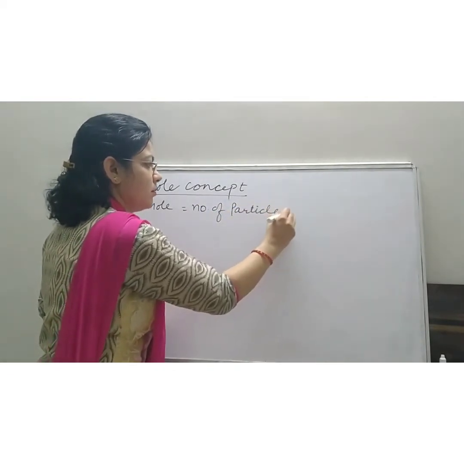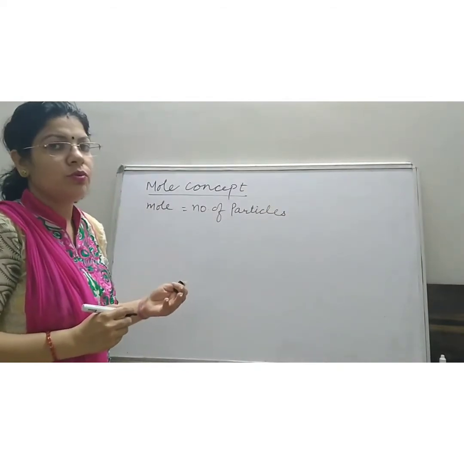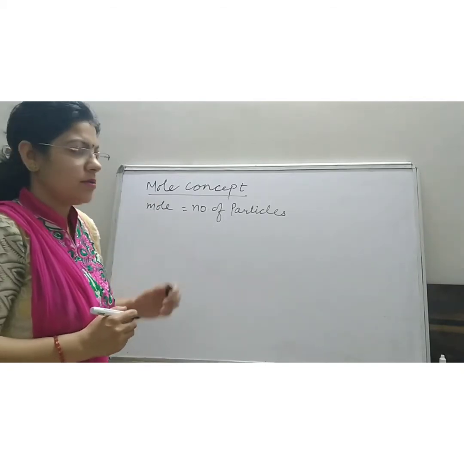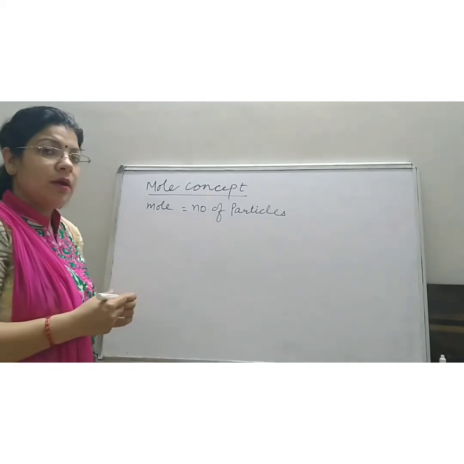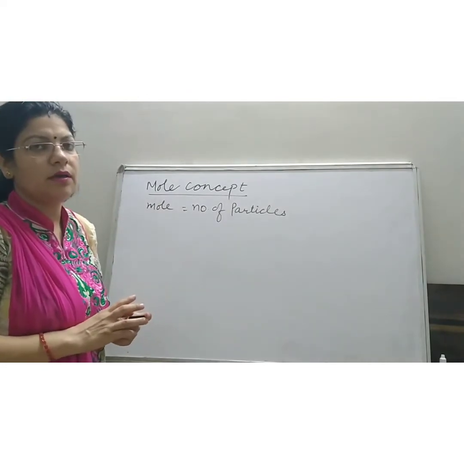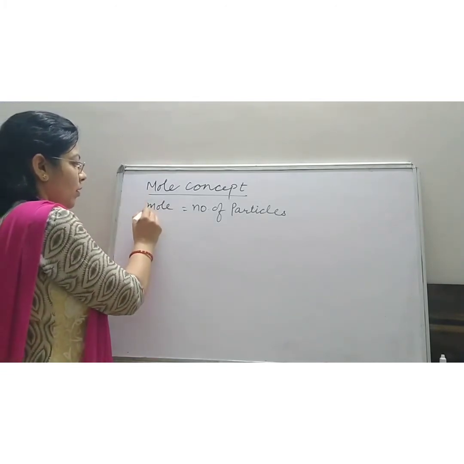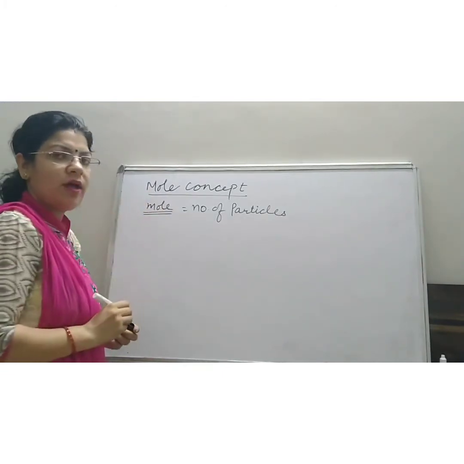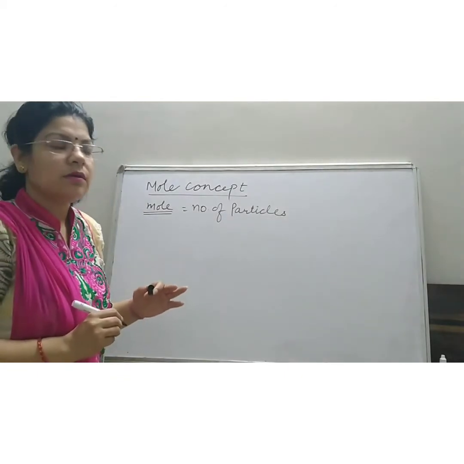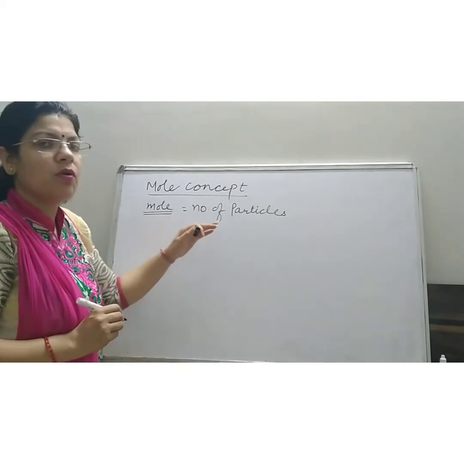Mole can be used to measure the number of particles or the number of atoms or number of molecules present in a given molecule. 1 mole is just like a physical quantity that measures the number of particles.